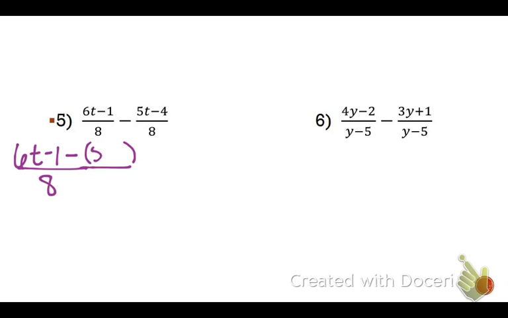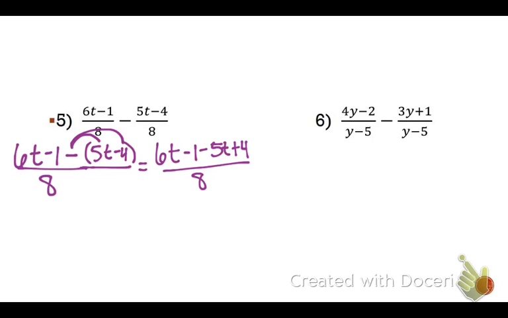So minus parentheses 5t minus 4. When I go to get rid of those parentheses, I am essentially distributing that negative into the parentheses. So I have 6t minus 1 minus 5t plus 4. Signs change in the second set. All of this is getting divided by 8.